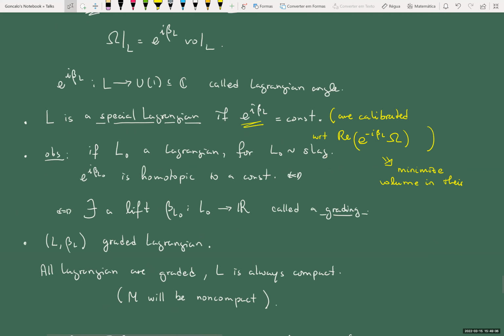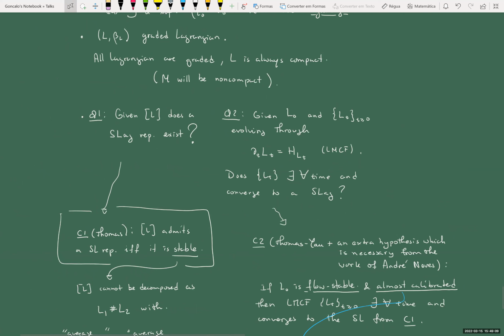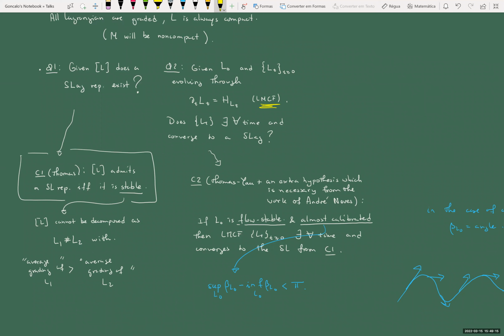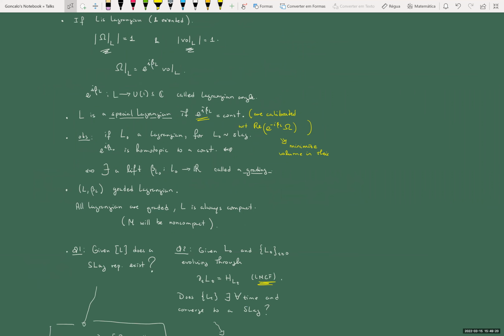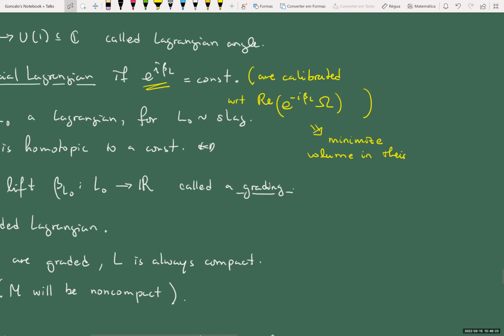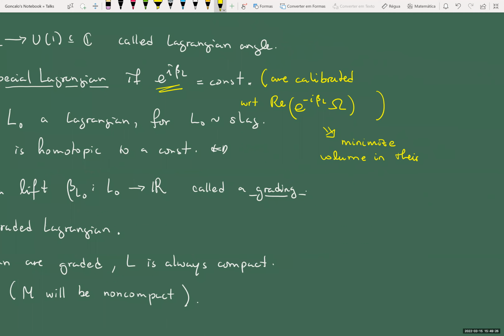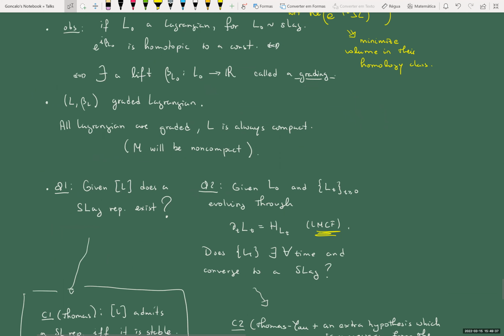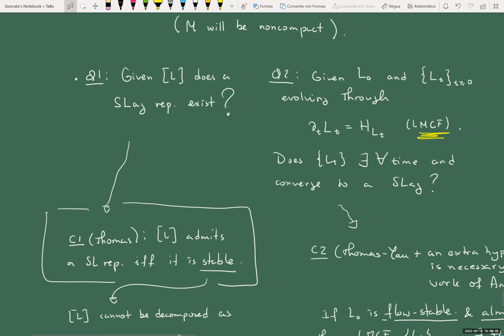This Lagrangian mean curvature flow is actually the negative gradient flow of the volume functional, and that shrinks volume. The idea is to try and use that flow to find the special Lagrangians. But this is a mean curvature flow in codimension n, so it's much more difficult. That's right. It's not a hypersurface mean curvature flow. It is a higher codimension mean curvature flow, so you don't have the maximum principle, for example. I see. Thank you. You're welcome.